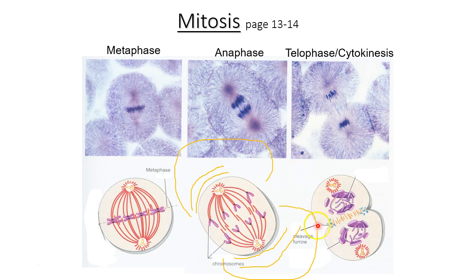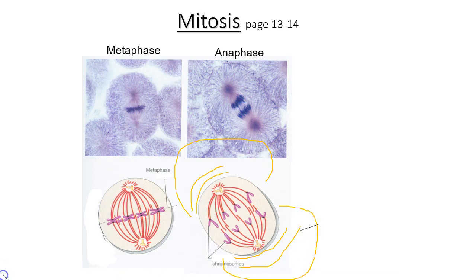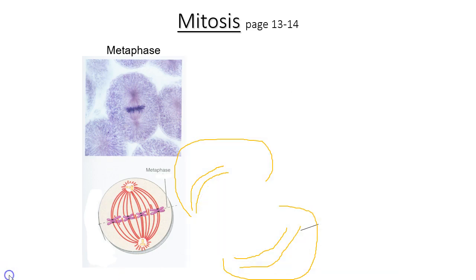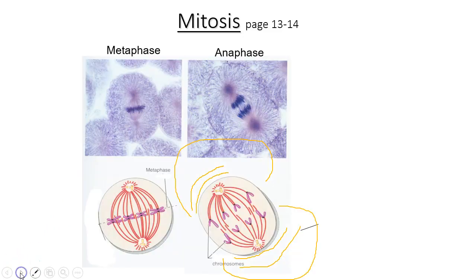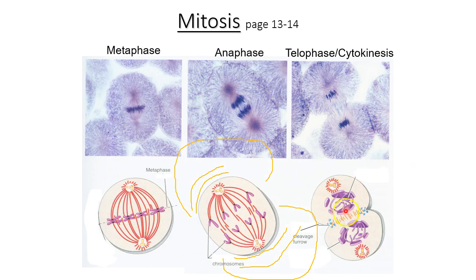The chromosomes are going to become all windy again. A good way to say it is the chromosome DNA relaxes and becomes all windy and undistinguishable again.